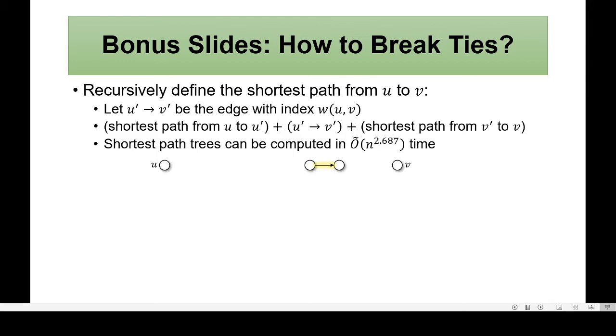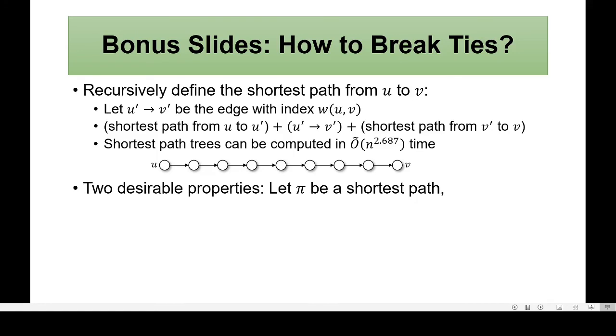To do this, we also find the edge with index WUU', and we recursively find this shortest path on the left, recursively find the shortest path on the right, and concatenate them to form the shortest path from U to U'. And for the shortest path from V' to V, we use the same recursion. So we can find the designated shortest path from U to V by this algorithm.